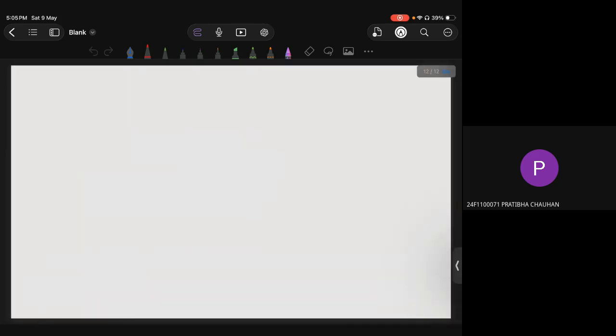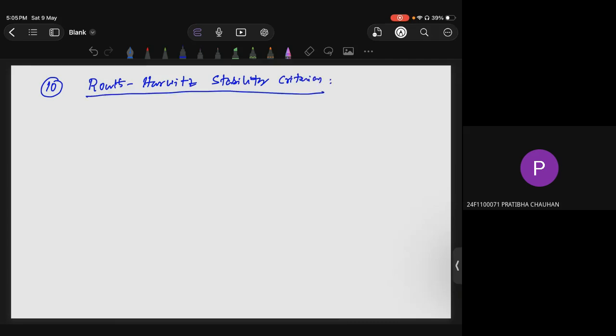Then when it comes to stability, we have read the Routh-Hurwitz criteria. Routh-Hurwitz is a stability criterion.